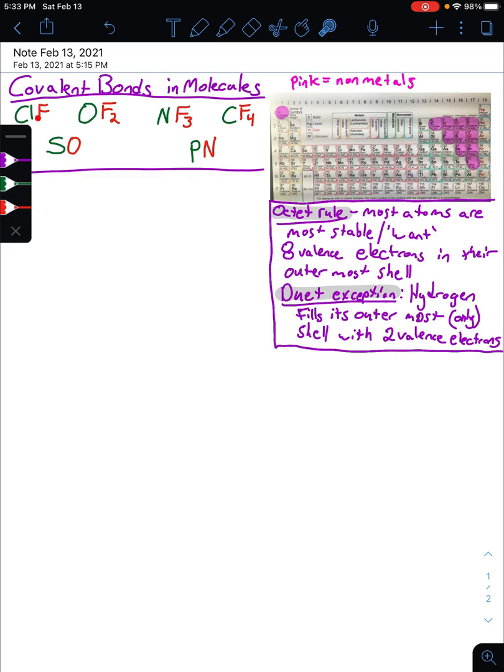And you can see the trend already that we're requiring more fluorine in each of these scenarios as we move from chlorine to oxygen to nitrogen to carbon when bonded with fluorine each time. And then we're going to see an example of a double bond and a triple bond. So I'm going to keep changing colors here to keep them simple.